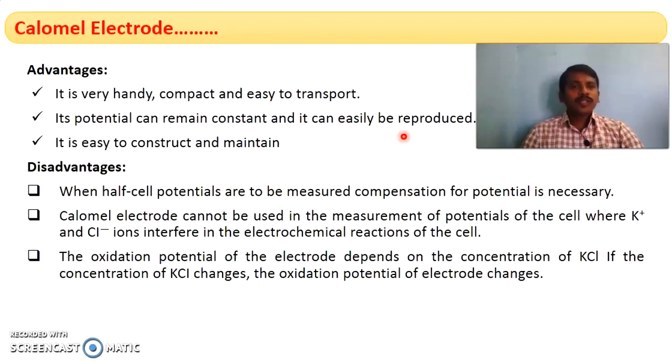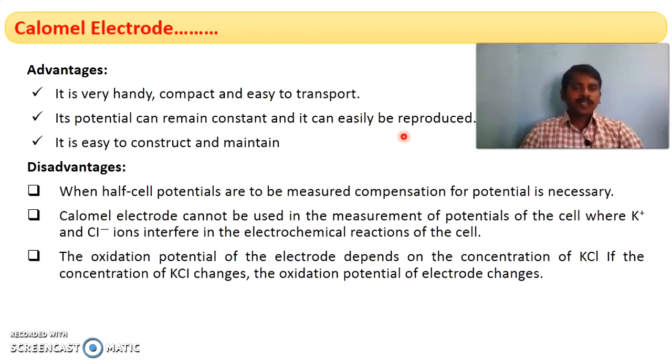So we have to ensure the concentration of KCl should be constant. If KCl concentration changes, electrode potential also changes. This is one disadvantage. Next one, we have to connect the calomel electrode with other half cell or other electrode where we don't have K plus and Cl minus ions.